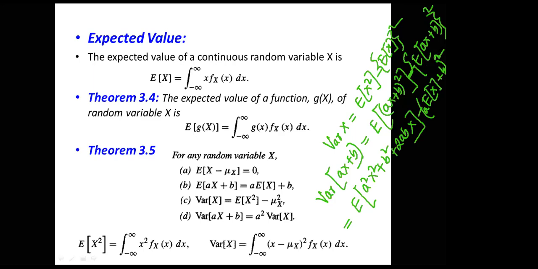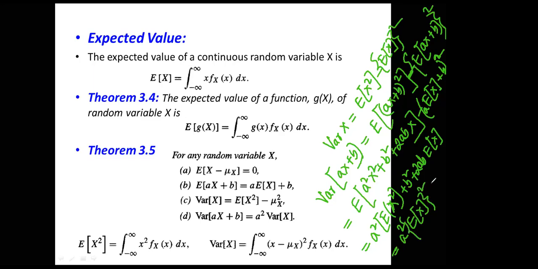That can be written as a square E of x square plus b square plus 2ab expected value of x, minus a E x. Then we can say a square E x square plus b square.